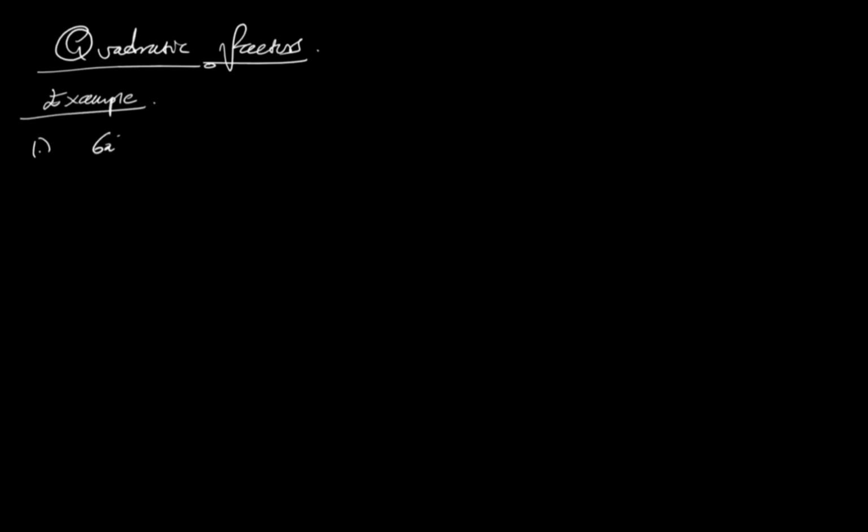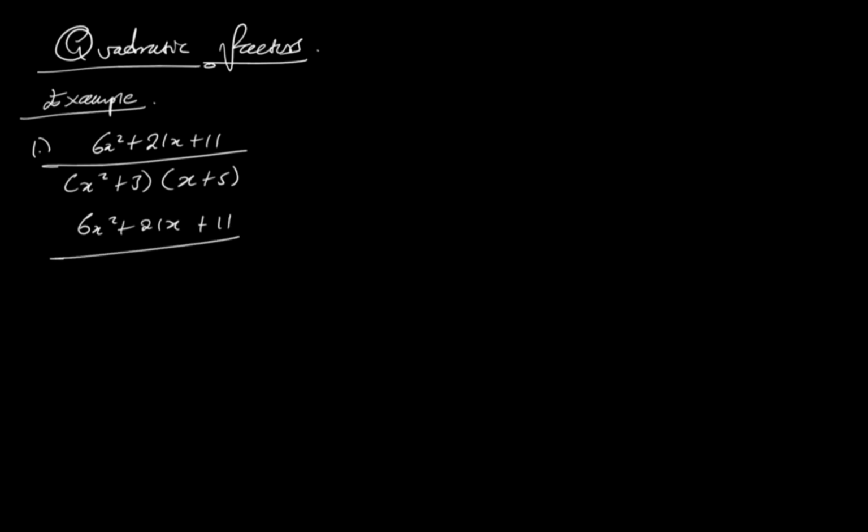Suppose you have 6x squared plus 21x plus 11 over something like x squared plus 3, then x plus 5. So, decompose this. Basically, what you have to understand is that the top should always be a degree less than the bottom factor that you have.